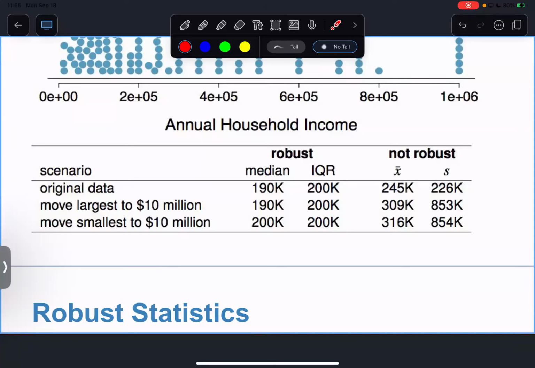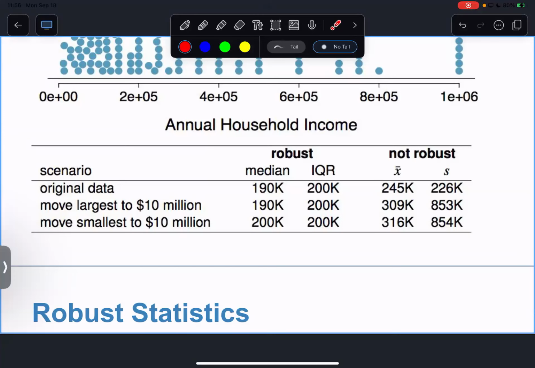Okay, so it's not robust to that outlier. I guess we're adding a data point, maybe. And then if I move the smallest to $10 million, the median changes ever so slightly, but the mean changes even more. I don't know, can't wrap my head around it. I think they're shifting the entire data set, whatever.